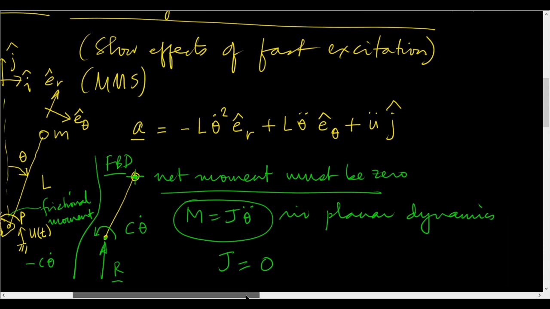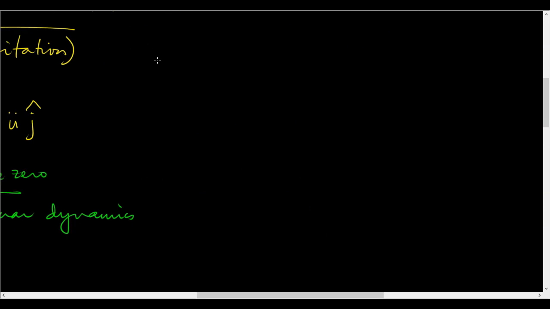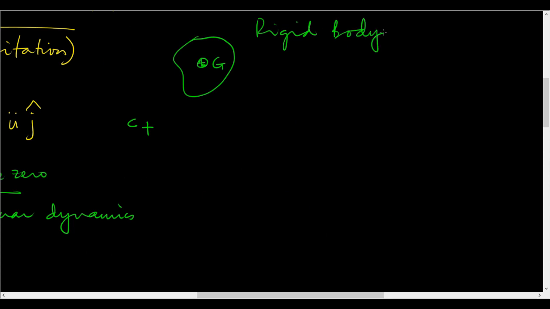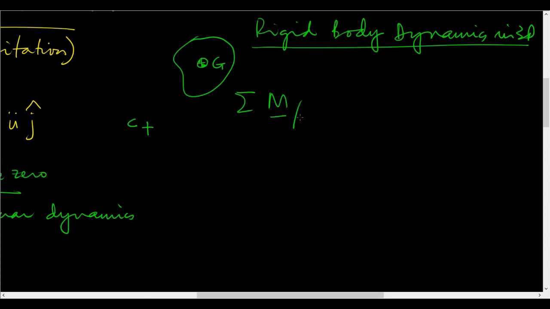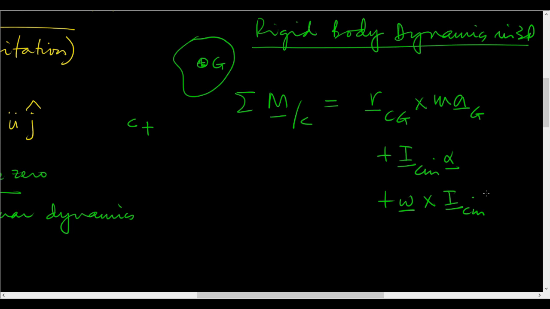So if we revise our rigid body dynamics, then what we have is, if this is some rigid body with a center of mass at G, this is some arbitrary point C, then what we have for rigid body dynamics in 3D is we have sum of vector moments about C is equal to the position vector from C to G crossed with the mass of the body times the acceleration of G, G being the center of mass, plus I_CM alpha, angular acceleration vector, plus omega of the body crossed with I_CM omega.